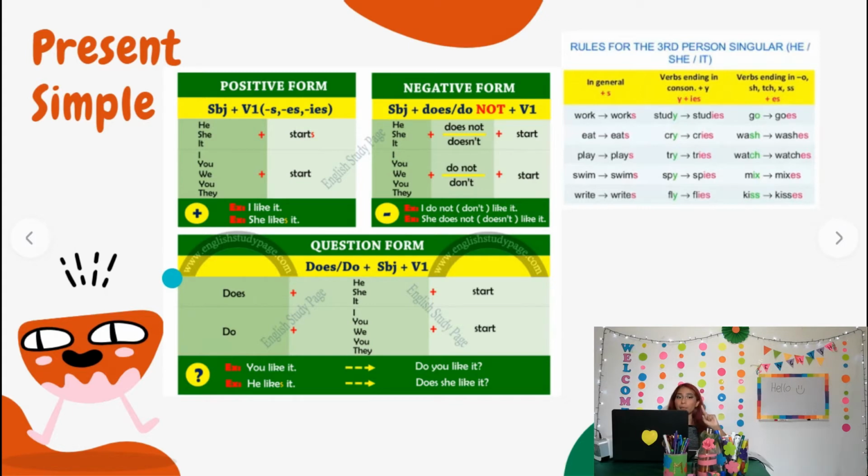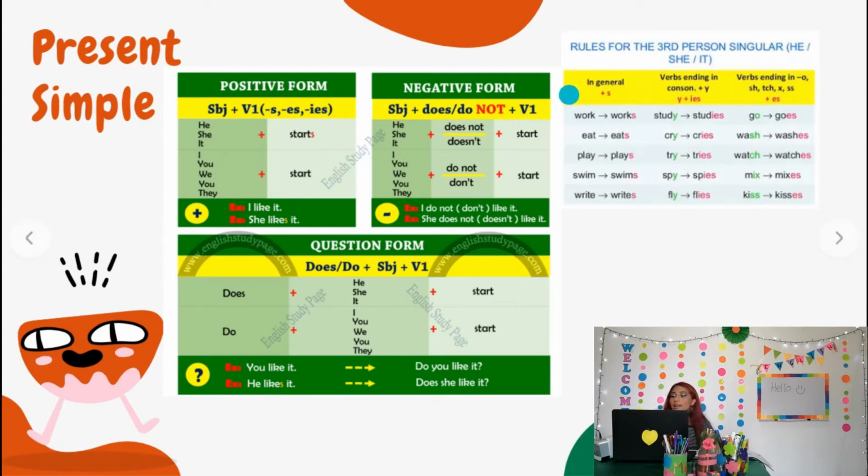Remember, we only use does with he, she, it, and do is used with the rest of the personal pronouns: I, you, we, and they. Do they start? You might answer yes I do, no I don't, yes she does, no she doesn't.